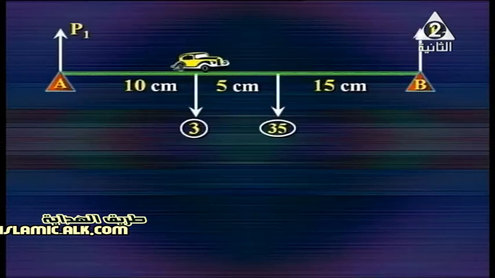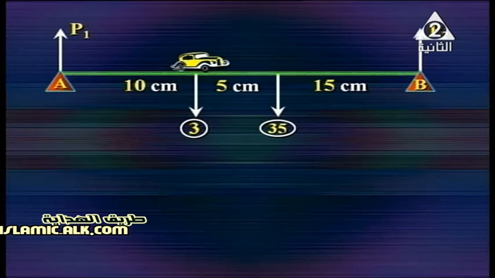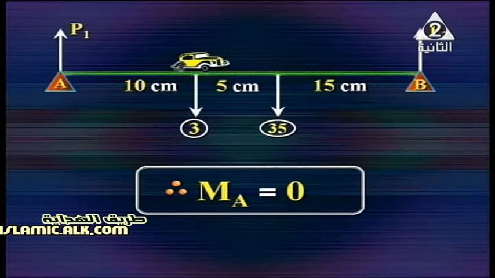We have a bridge whose length is 30 meters, and a car at a distance of 10 meters. We have two supports, A and B, with reactions B1 and B2. After that, we form the equation B1 plus B2 equals 35 plus 3, which equals 38 tons. After that, we take moments about A. Moment about A equals 0.